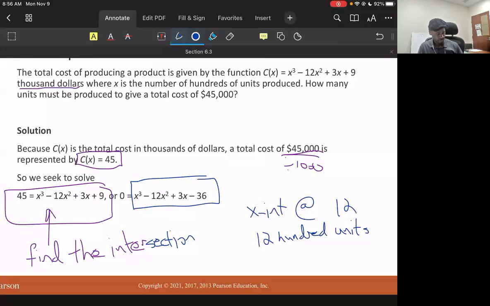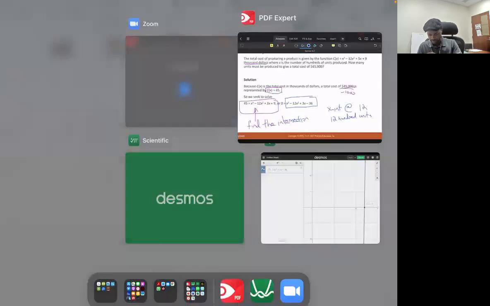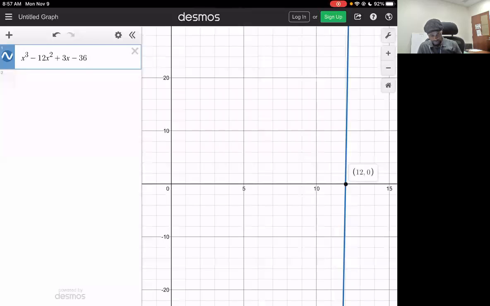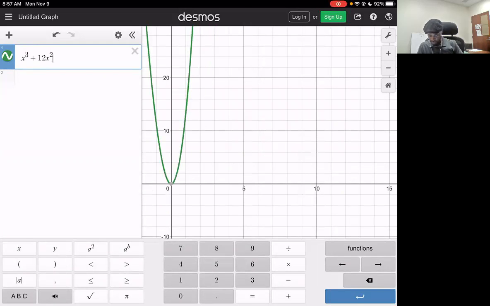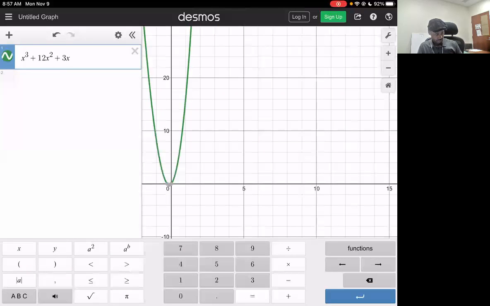Let me show you another way to do it. I'm going to write down my original function and set it equal to 45 and see if the intersection method gives me that exact same answer. Let's take that out. What we're going to do: x cubed plus 12x squared plus 3x plus 9.